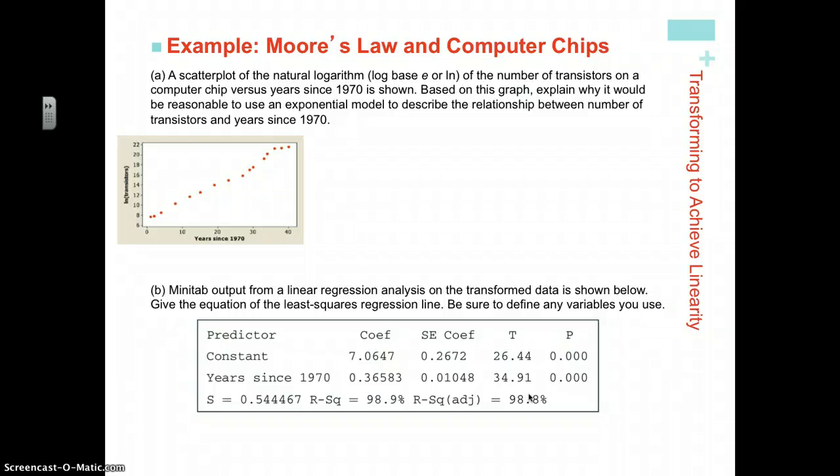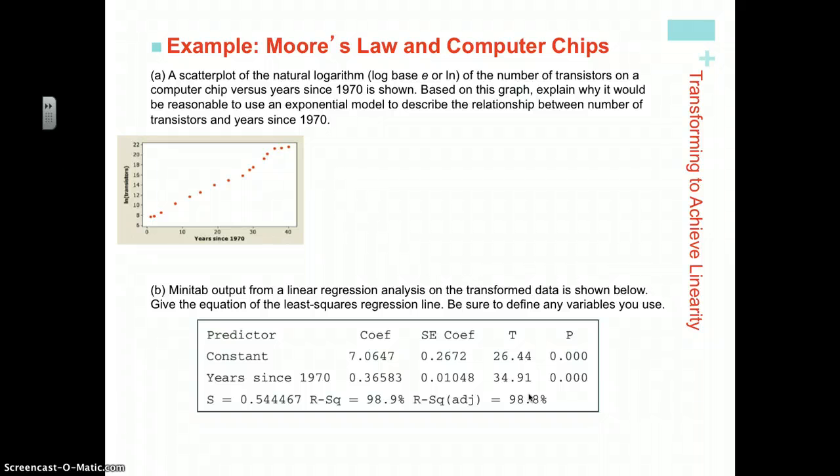A scatter plot of the natural logarithm, log base e or ln, of the number of transistors on a computer chip versus years since 1970 is shown. Based on this graph, explain why it would be reasonable to use an exponential model to describe the relationship between the number of transistors and years since 1970.